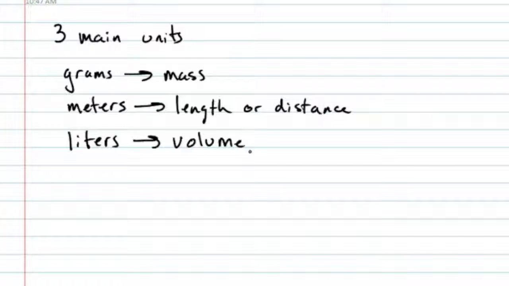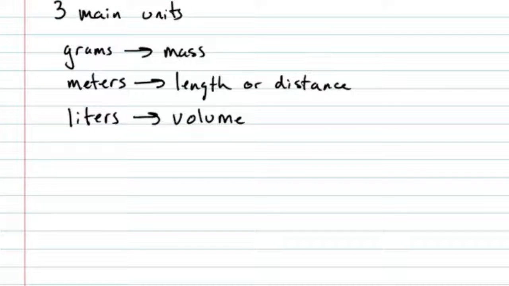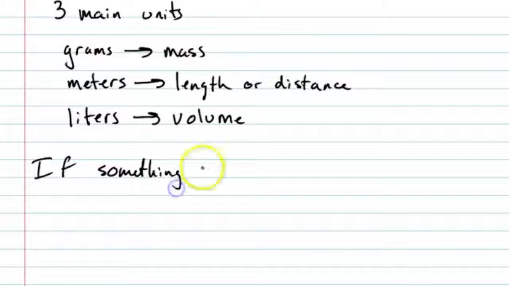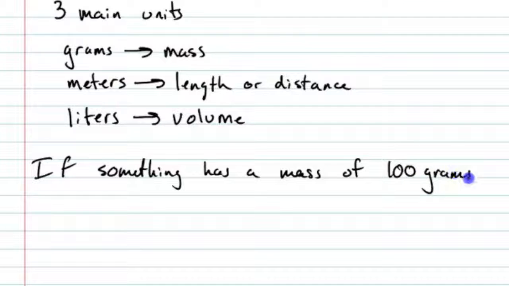So what I want to look at now is, since we have these basic definitions of what grams, meters, and liters are, how it would appear in a physics class, or how this would look to us if we were learning this in class. So if something has a mass of 100 grams, how would you write that?